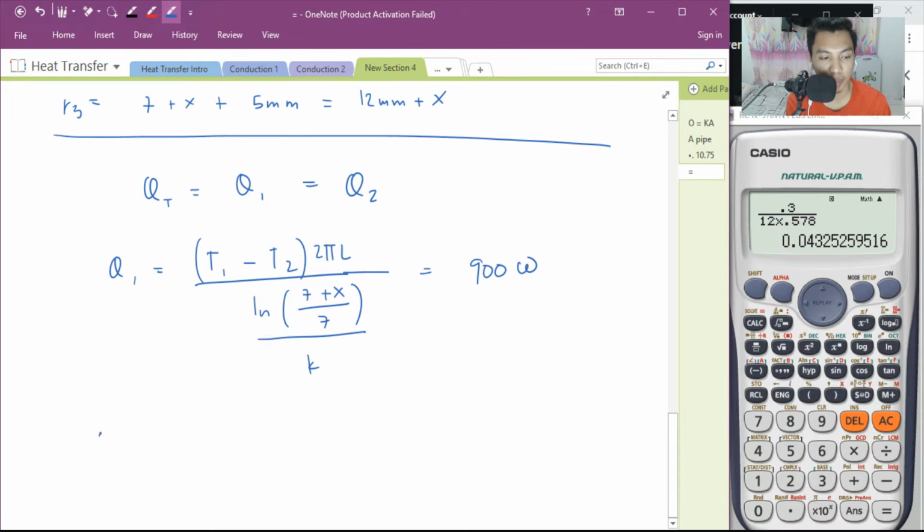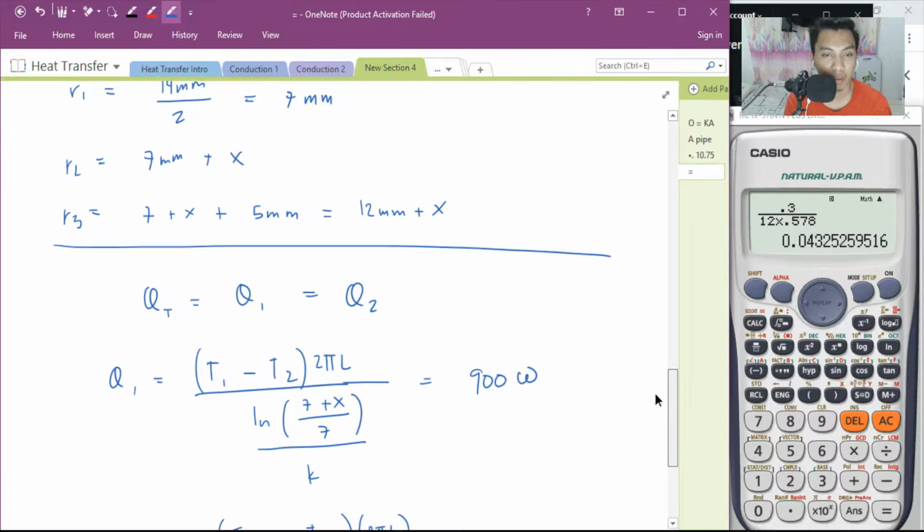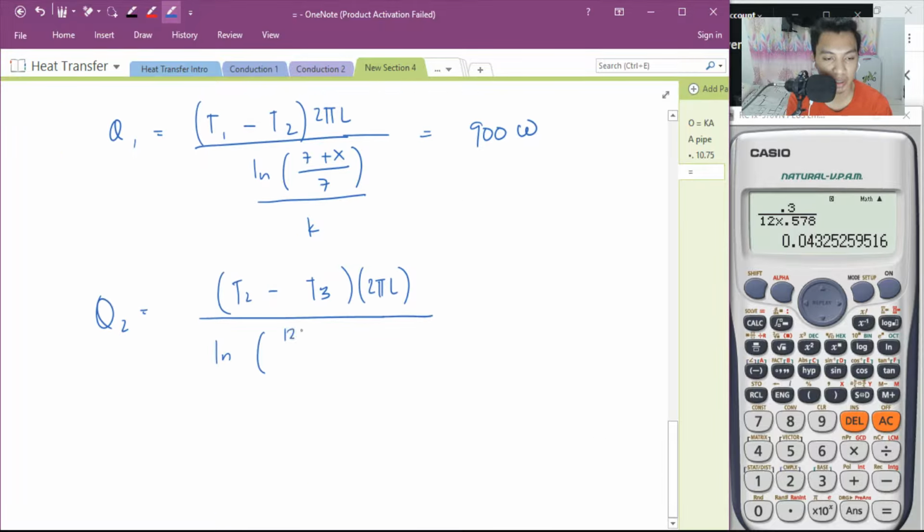O, yung Q2 naman. Yung T2 minus T3 over 2 pi L ln, yung dulo, that is 12 plus X over 7 plus X. Divided by K. Ito asbestos.